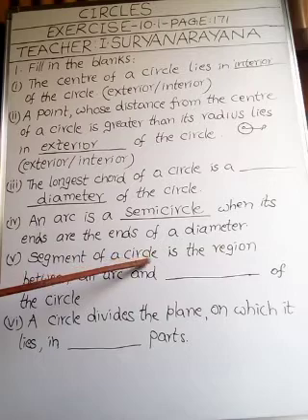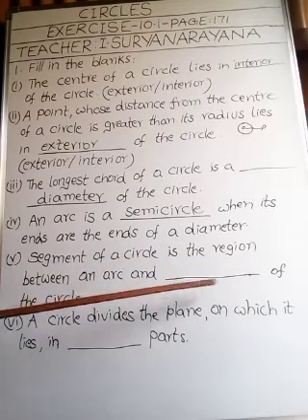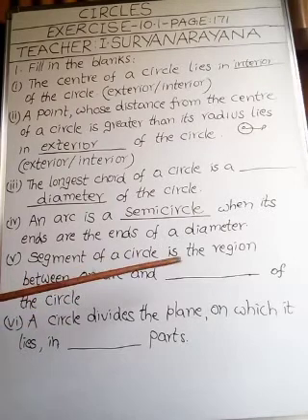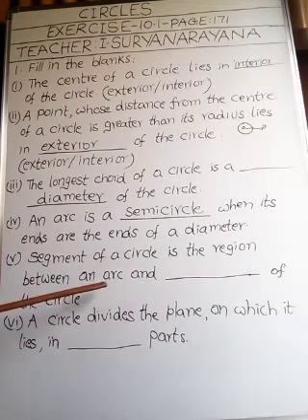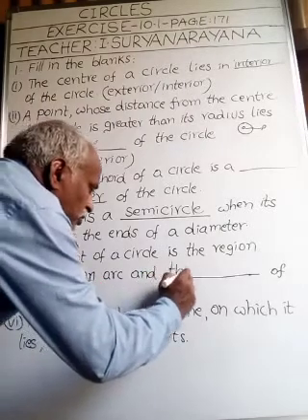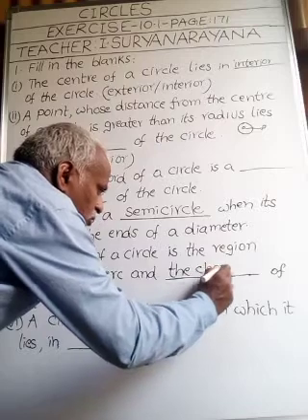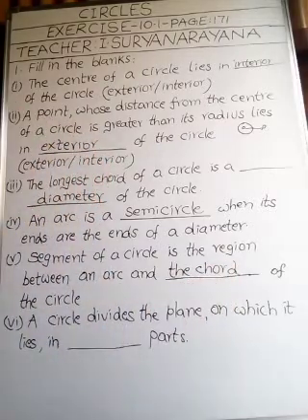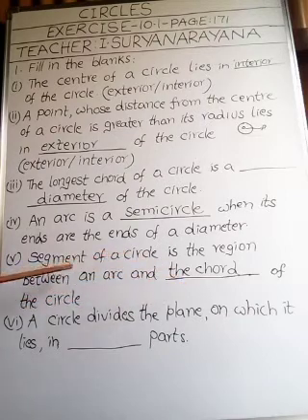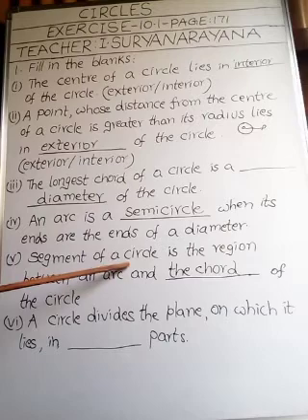A segment of a circle is the region between an arc and dash of the circle. What is the region between an arc and the chord? The circular region between an arc and the chord of the circle is called a segment of a circle.